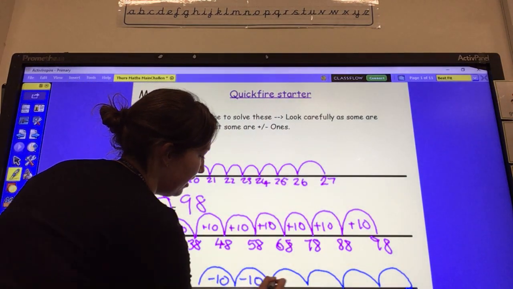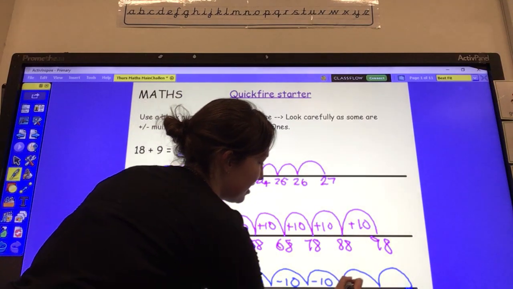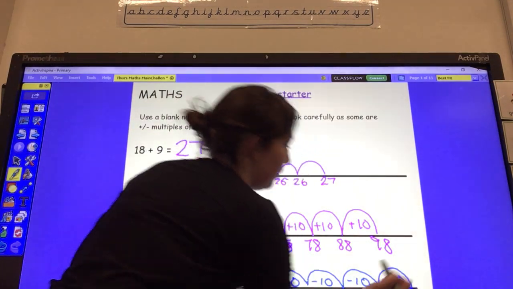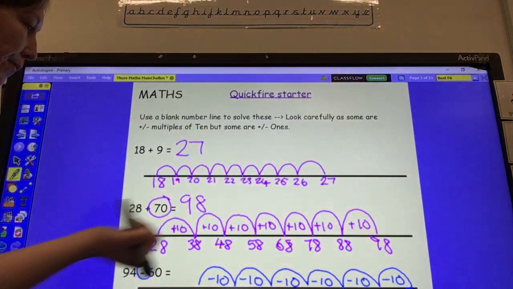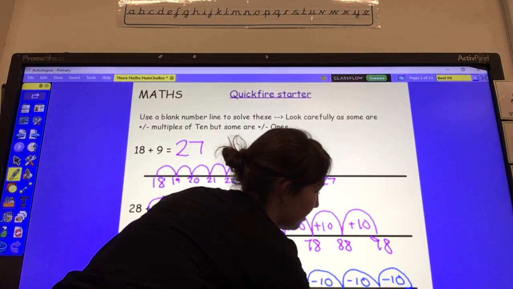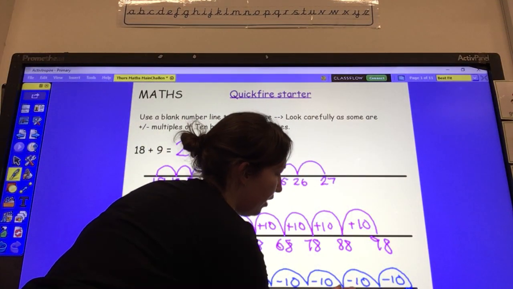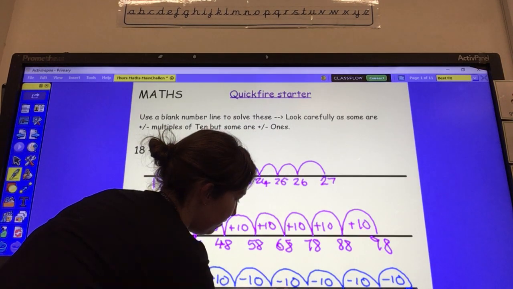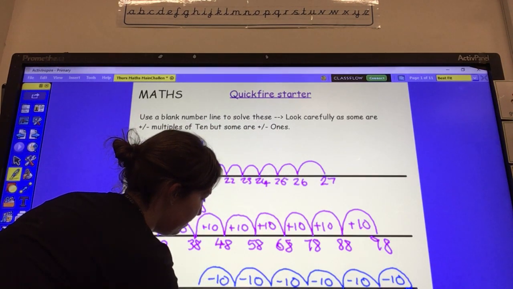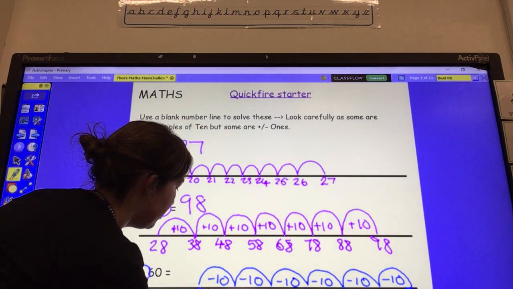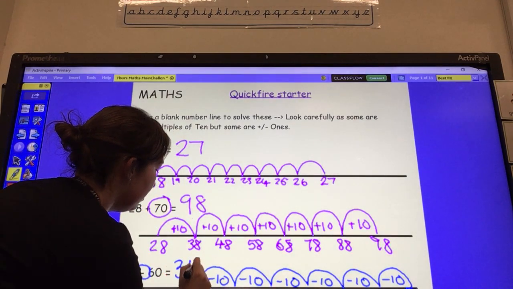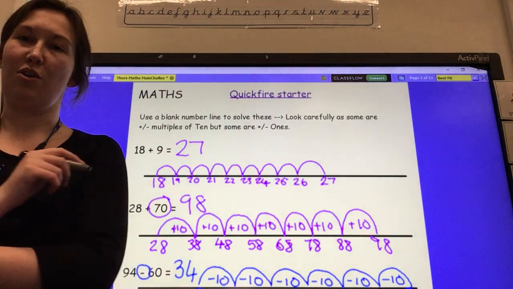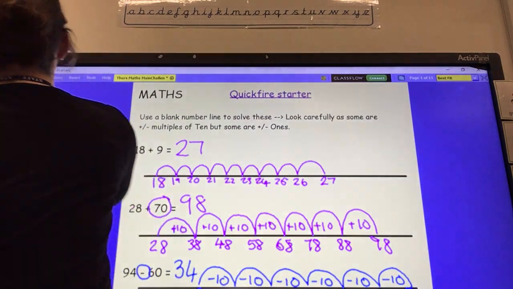Again, I would label them with subtract 10 because it would be really useful to help you out. So let's label the numbers that you would land on, counting backwards. 94, 84, 74, 64, 54, 44, 34. So well done if you correctly worked out the answer of 34.